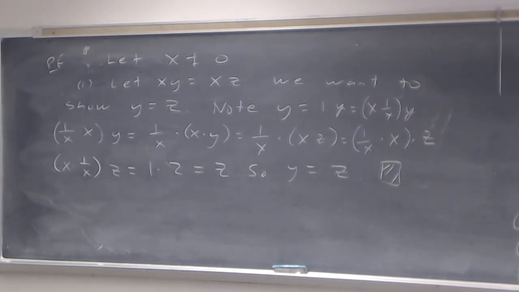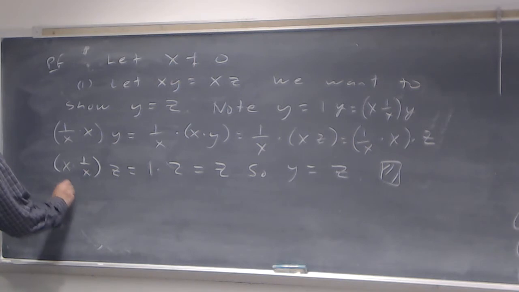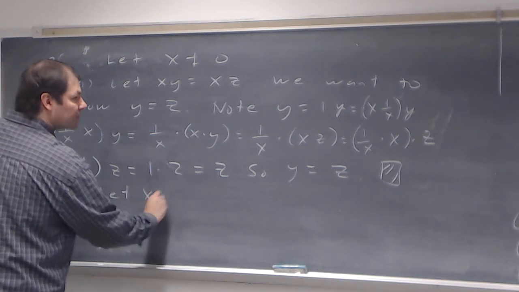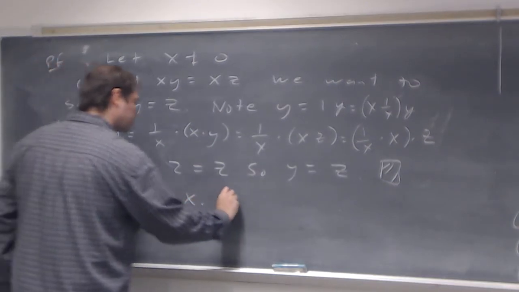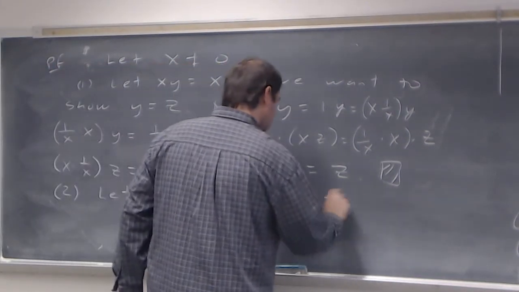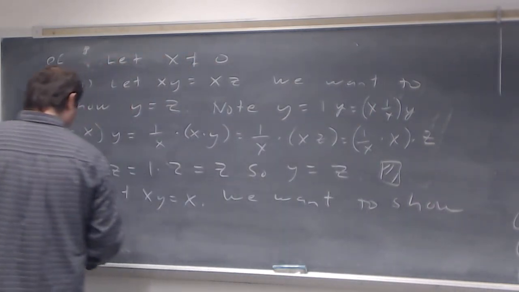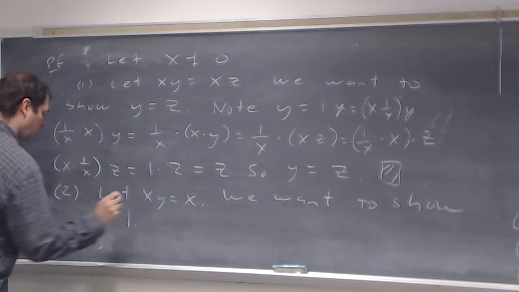Again, here I was being very careful with all the details. For part 2, we're going to let x times y equal to x, and we want to show that y has to be equal to 1.